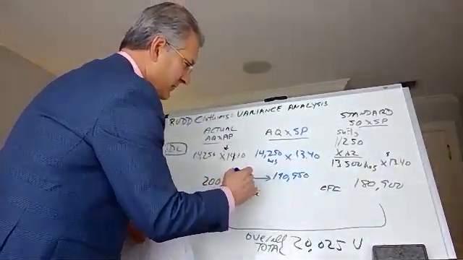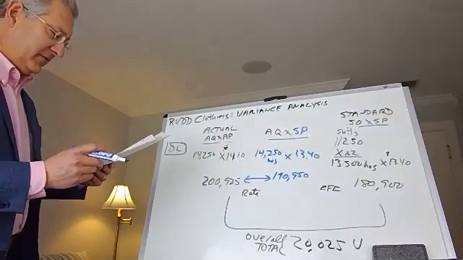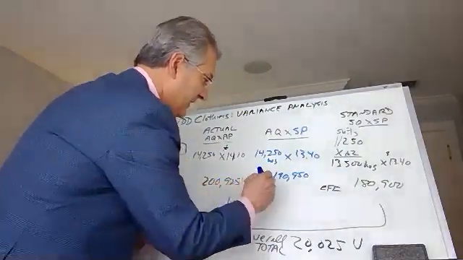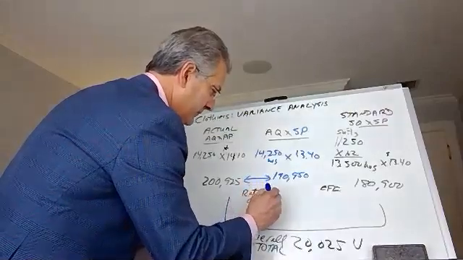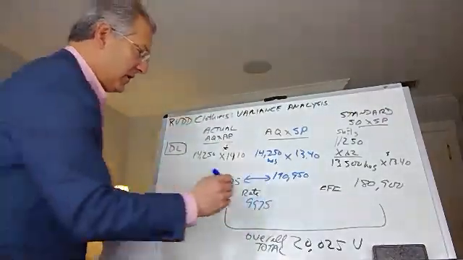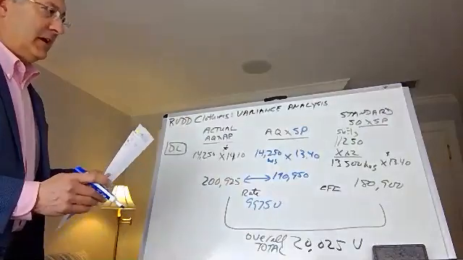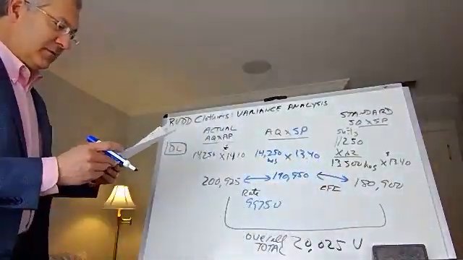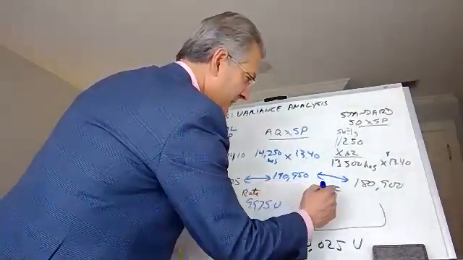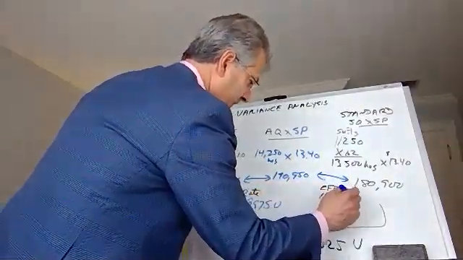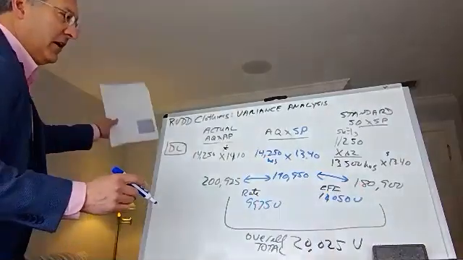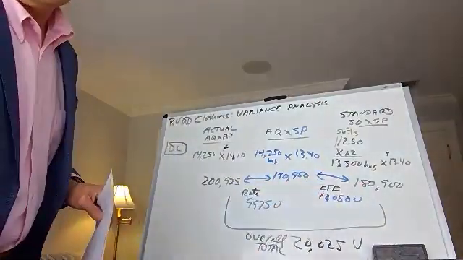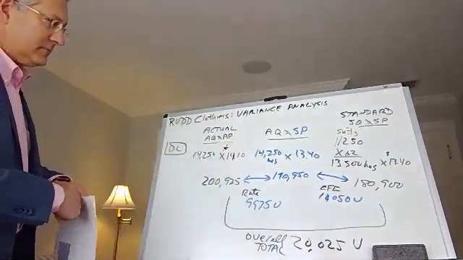The difference between these two numbers here is your rate variance, which is $9,975, which is unfavorable, and their efficiency variance, the difference between those two numbers, is $10,050, which again is unfavorable. Again, these two variances should add up to the total.